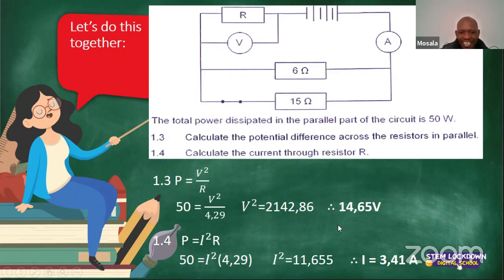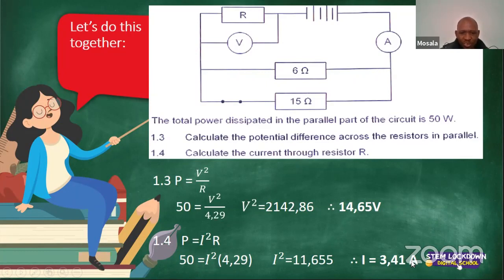Remember, this power is the power that is dissipated in the parallel part of the circuit. So if this power is being dissipated, it means this current is being shared between these two. So its value is 3,41.